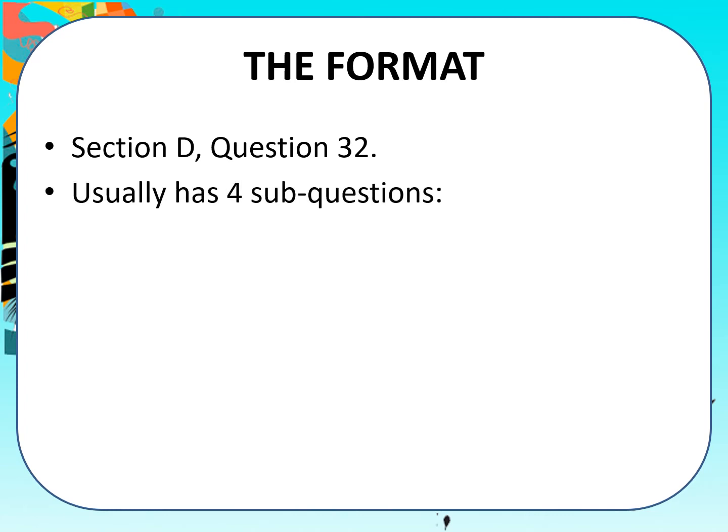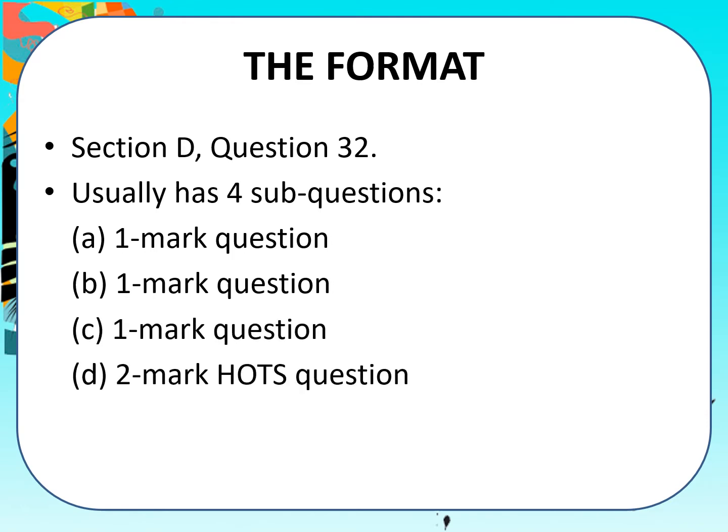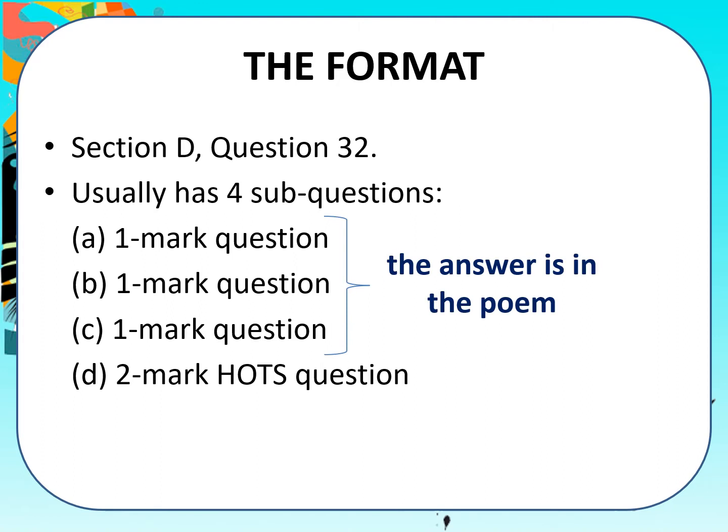So let's see. Poem questions usually have 4 sub-questions. So we have question A, question B, question C, and question D. Question A, question B, and question C only have 1 mark. And these questions are normally straightforward, and the answer can be found in the poem itself.